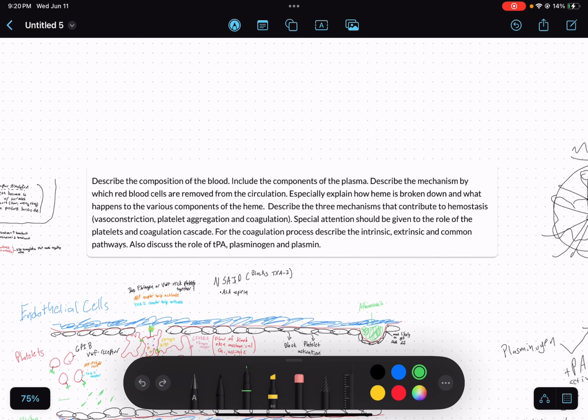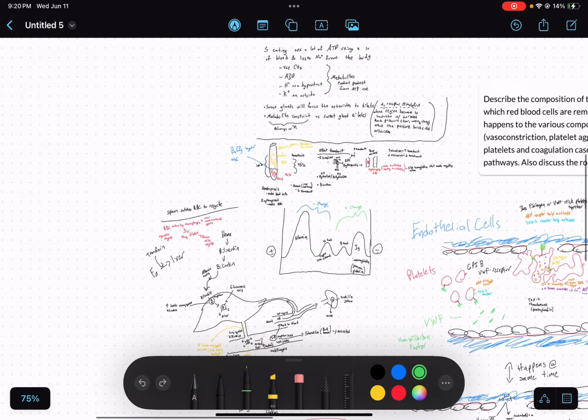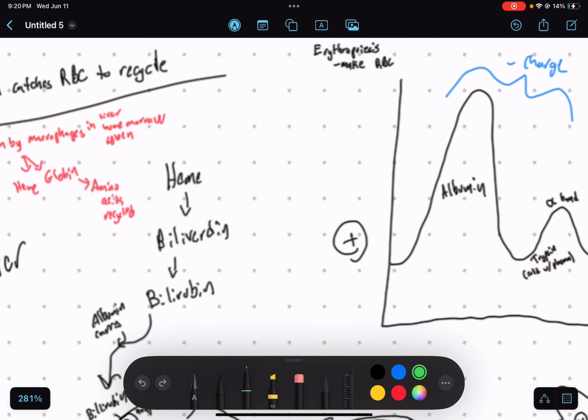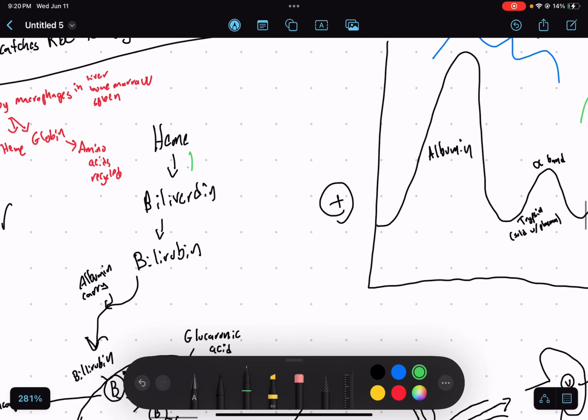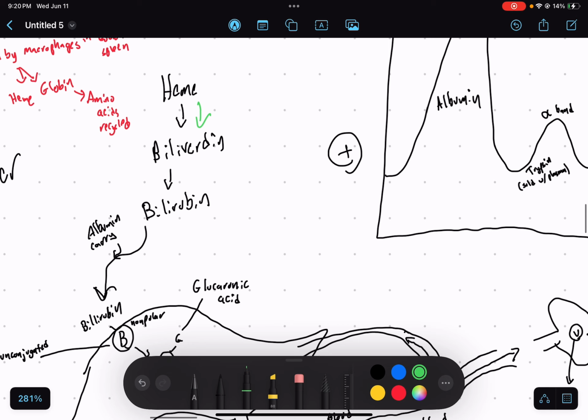All right, now we're going to discuss how heme is broken down and what happens to the various components. So heme is going to be made into biliverdin. Biliverdin is then going to be made into bilirubin through different oxygenases.